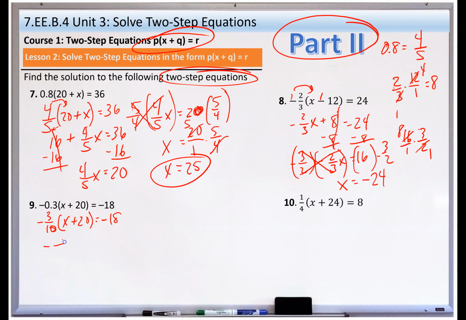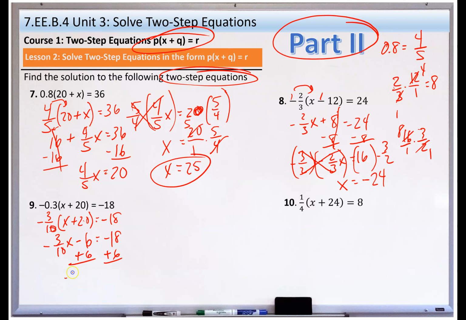So I have a negative 3/10 times some number x plus 3/10 of 20. I'm sorry, that's a negative times a positive, so that should be negative. 20 divided by 10 is 2. 3 times 2 is 6. Minus 18. Now I'm going to have to add 6 to both sides.